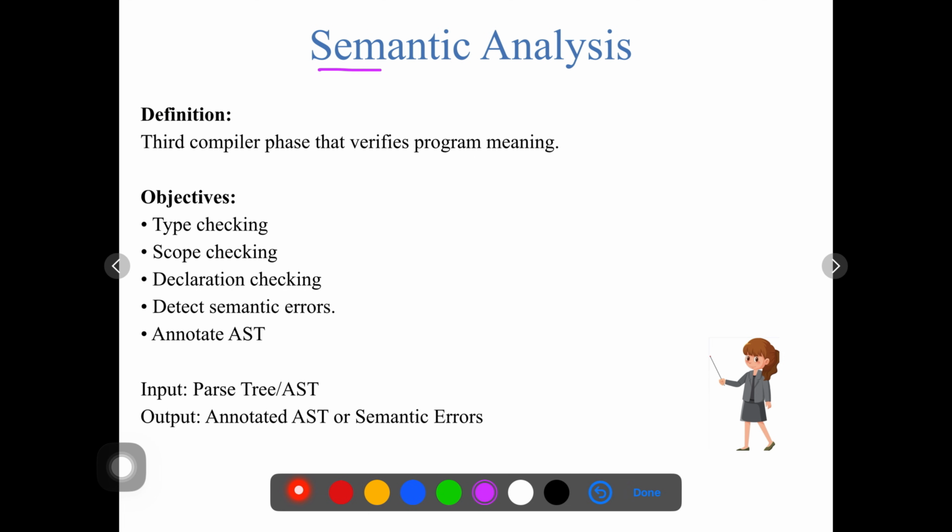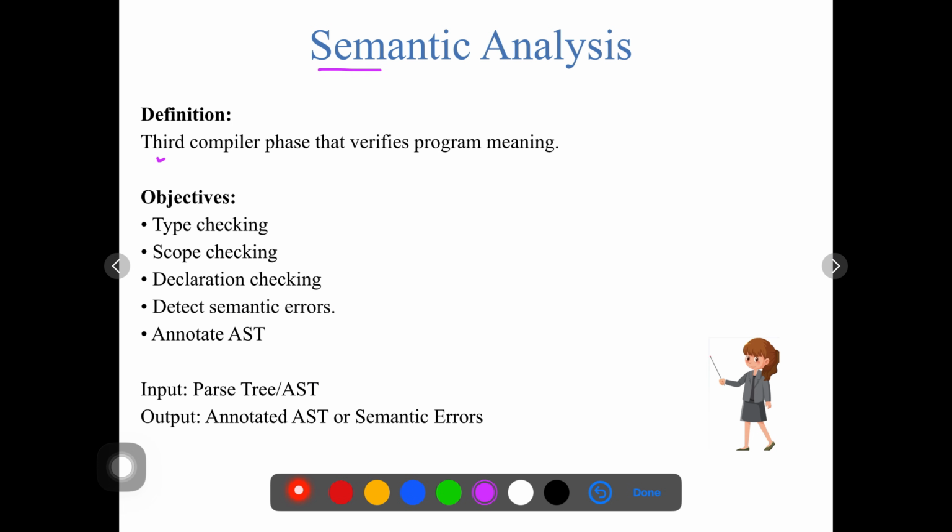Semantic analysis. Semantic analysis is the third phase of the compiler that verifies the program's meaning. It ensures the program is logically correct. Even if the program follows the grammar rules, it may still contain semantic errors.